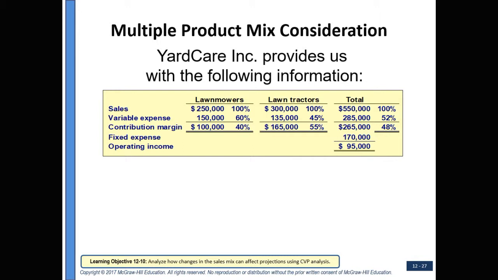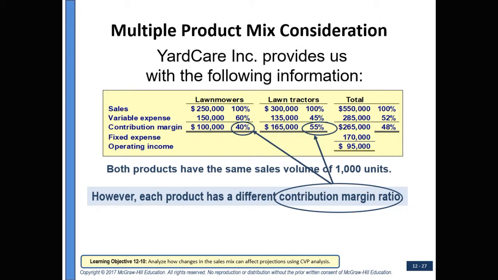So let's look at yard care. For yard care, both products have the same sales volume of 1,000 units, but each product has a different contribution margin ratio. Lawn mowers are at 40%, whereas the lawn tractors are at 55%.